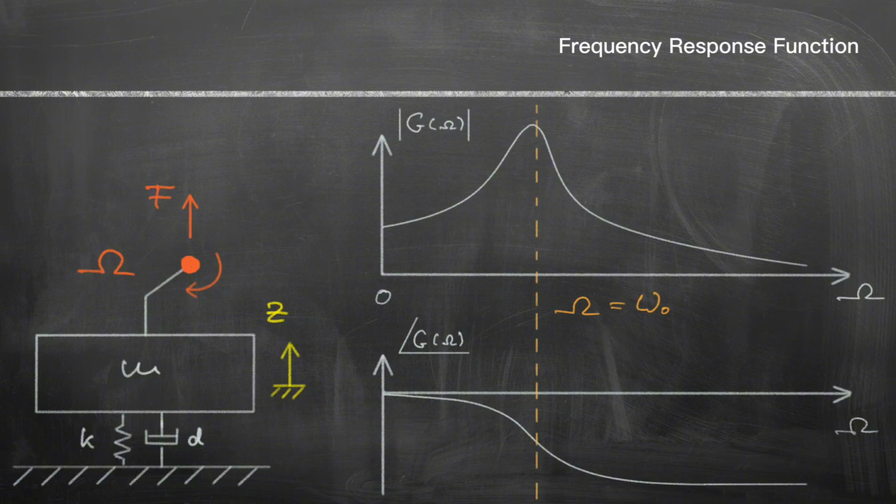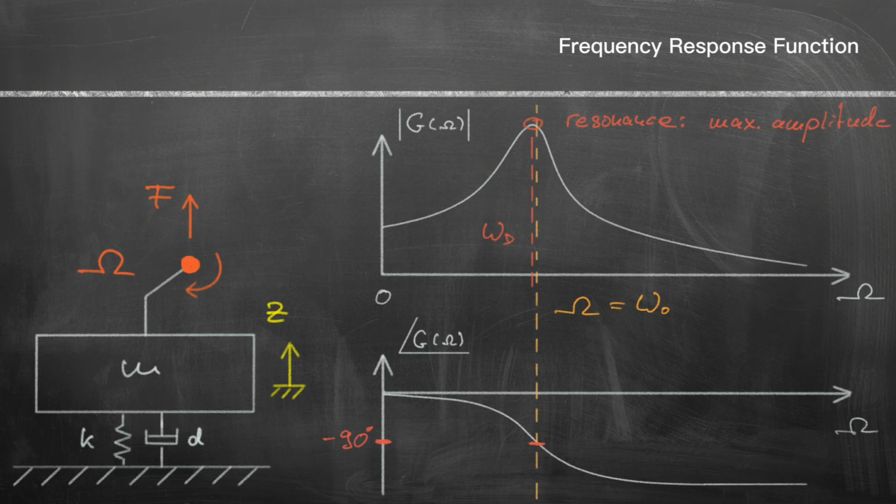When the excitation frequency capital omega corresponds to the natural frequency omega 0, the response of the system is shifted by exactly minus 90 degrees, meaning it lags behind the excitation. The maximum system response occurs at the damped natural frequency omega d, which is lower than the undamped natural frequency omega 0 due to the damping.